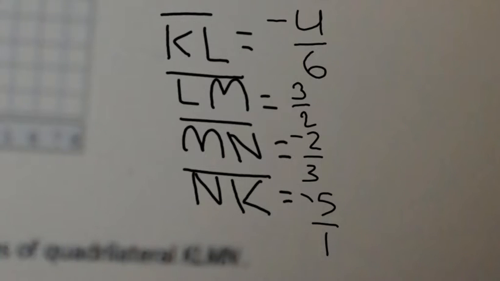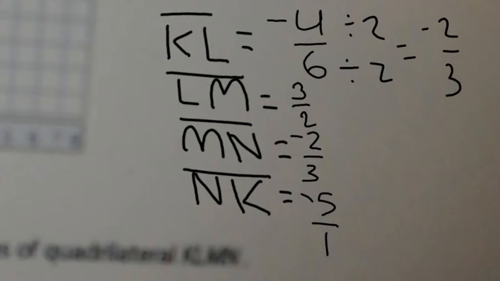Now if we could simplify, we could turn 4 over 6, I believe you could divide it by 2 on both sides. So it will most likely turn into -2 over 3. And that will end up equaling -2 over 3.